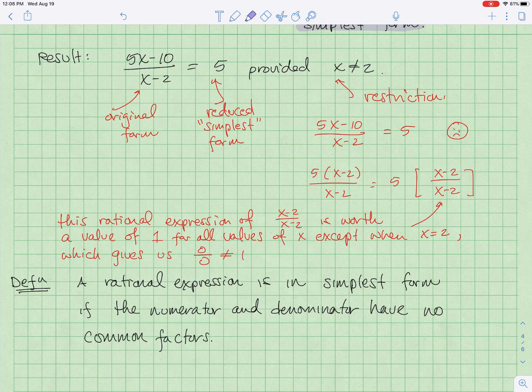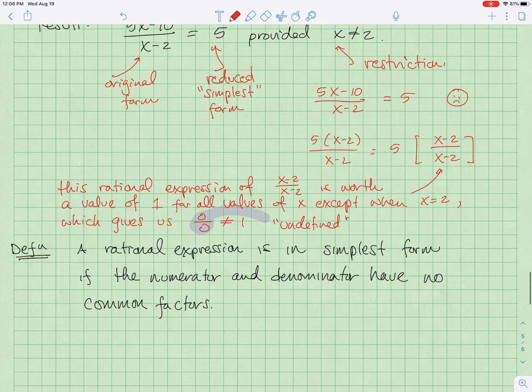which is not equal to 1. That is, remember, undefined. So, to recap, 5 times x minus 2 over x minus 2 actually is 5 times 1 if x is not 2, which is then just equal to 5.